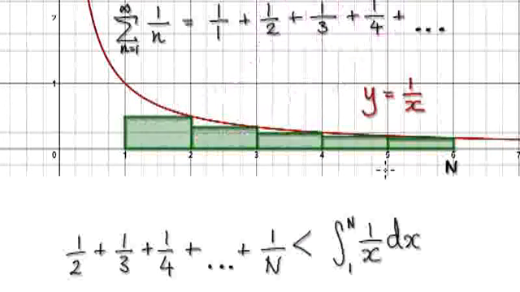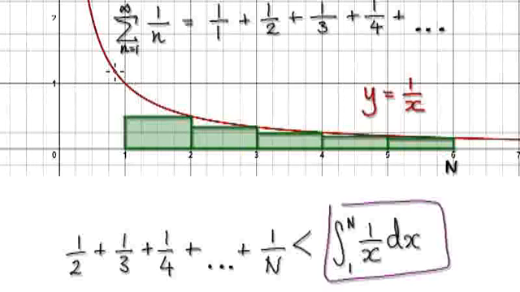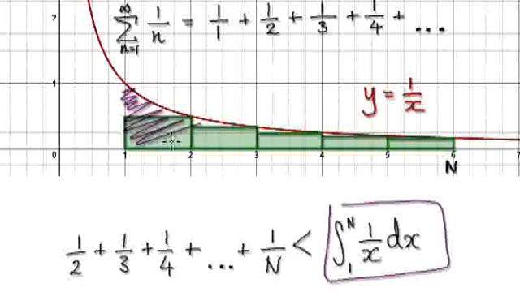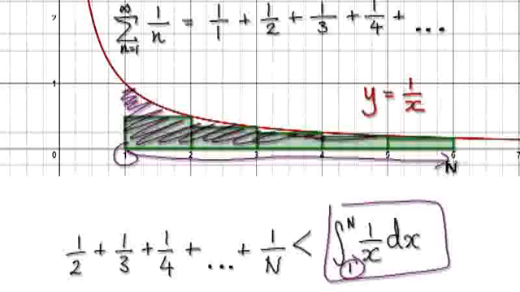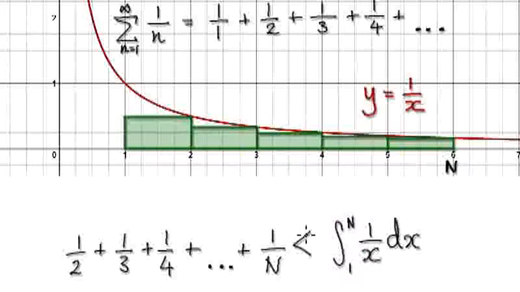So the area underneath the red line, this whole area here, from 1 all the way to an arbitrary nth term, would be greater than Riemann's lower sum.